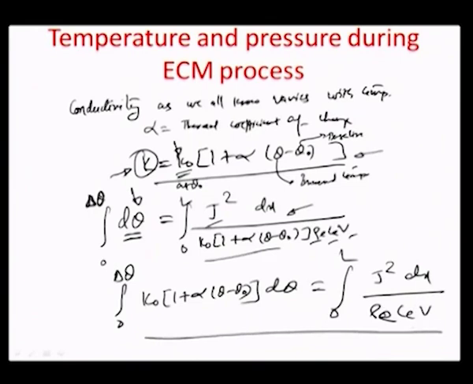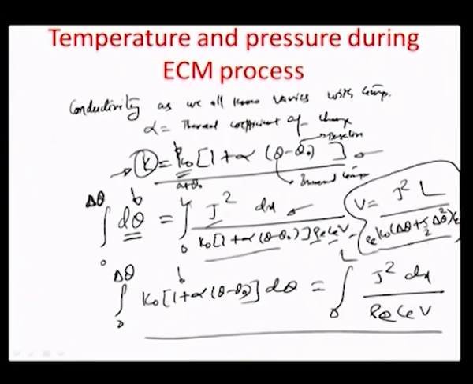If we just do this integration, we are left with v, the velocity of the electrolyte, which depends on square of j times L divided by k0 (delta theta plus alpha by 2 delta theta square) rho e C e, and that is what the final velocity of design of the electrolyte is. So, you will have to just ensure that theta plus delta theta is below the boiling point of the electrolyte.